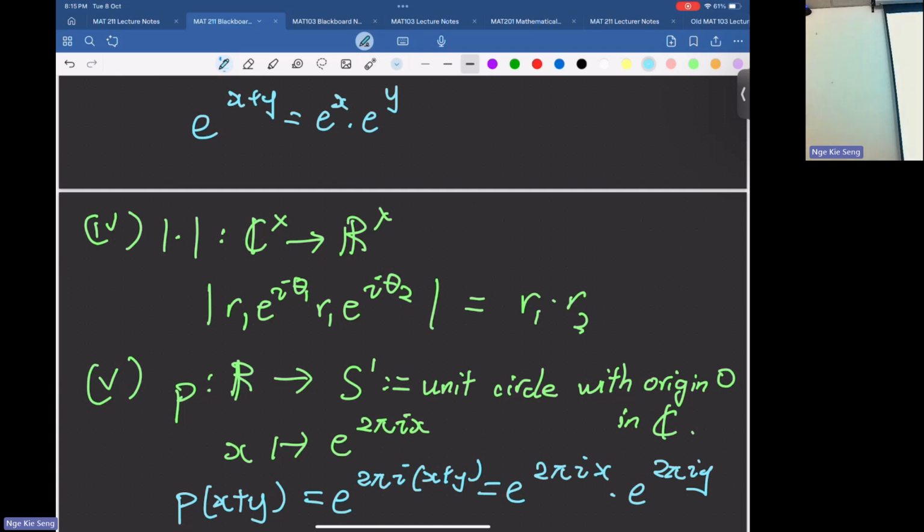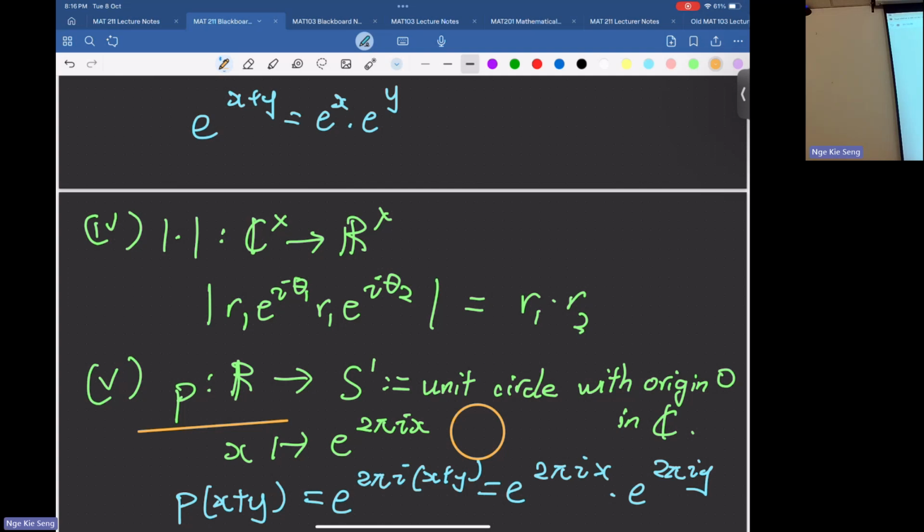Well, how should you imagine this? R is a real line, and then S1 is a circle. So how does this real line interact with this circle? Actually, what you do is you wrap this circle infinitely many times, because after 2 pi, you will come back to the same point again, and then you keep going.